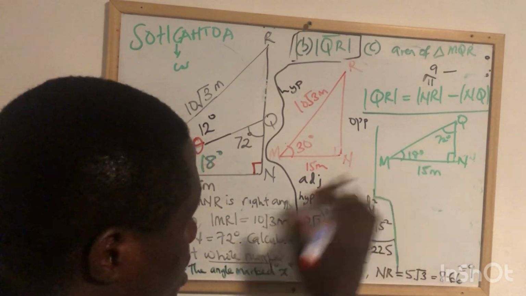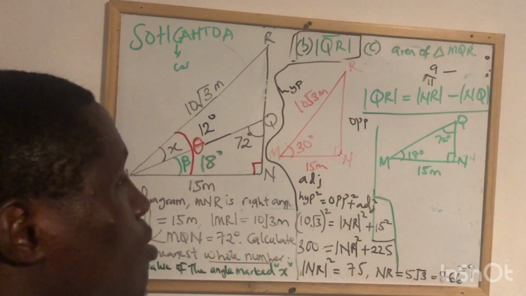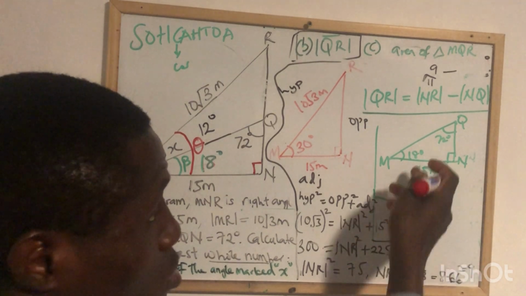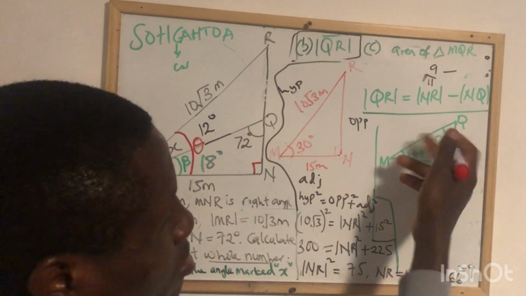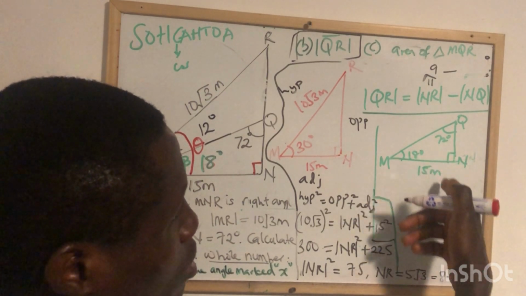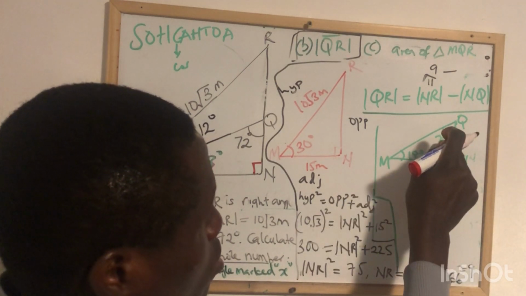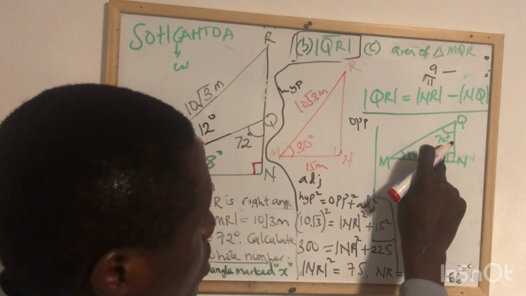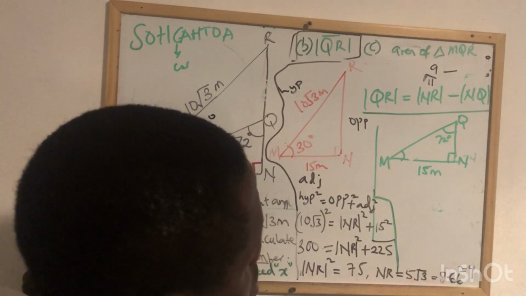Because it's advisable to use the angle given in the question to be on the safer side. In case you miss this one, you know that you are using the angle given from the question, so you don't miss the other one. Because if you miss this one, you're going to miss the subsequent questions if you use the same thing. So that's why it's preferable to use the angle given in the question. So I'm going to use 72, because I'm going to be using SOHCAHTOA.